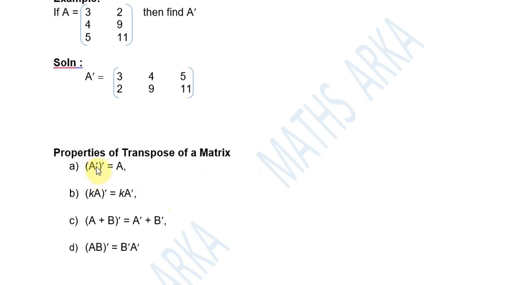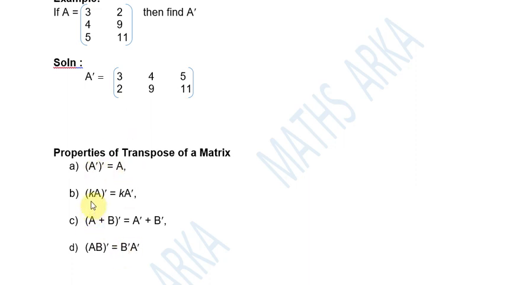A dash dash, the transpose of A transpose, is equal to A. Just assume that transpose gets cancelled out. If you think over it, A transpose, interchanging the rows into columns, and then again you interchange the rows to column, then what do we get? You get the original matrix. That is what this property says.